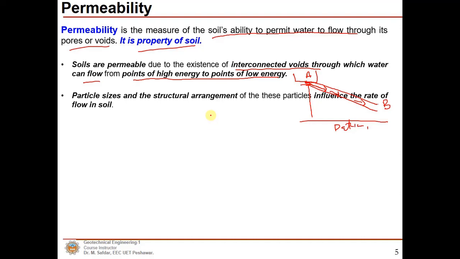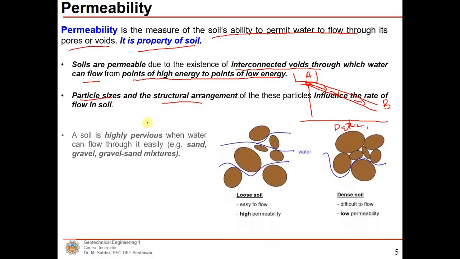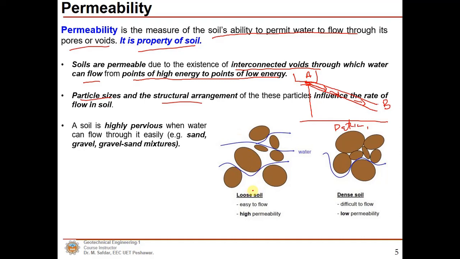Now, particle sizes and the structural arrangement of the size of these particles influence the rate of flow in soil. Let us take an example that, for example, we are having rounded shaped particles present in a soil, and we are having a loose fabric of that soil. So we are having higher voids or more voids present in that particular soil.